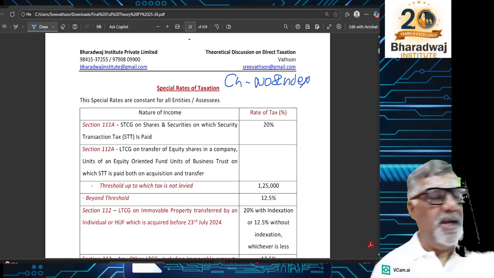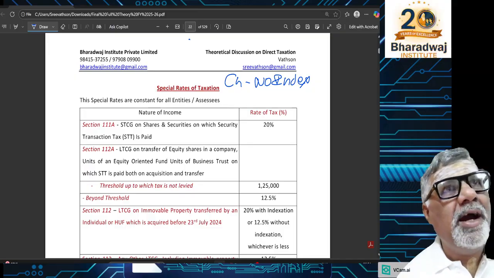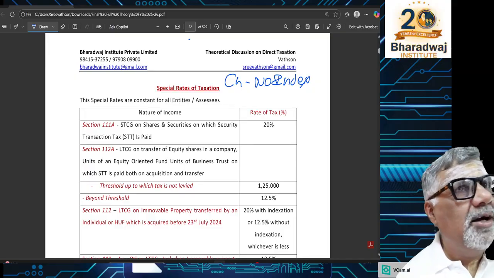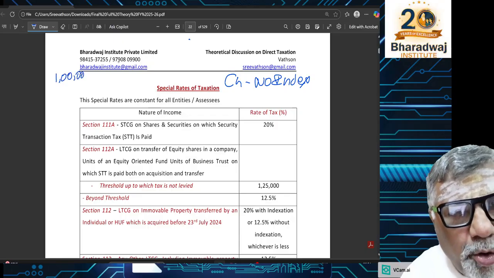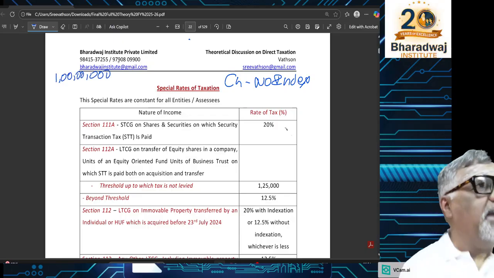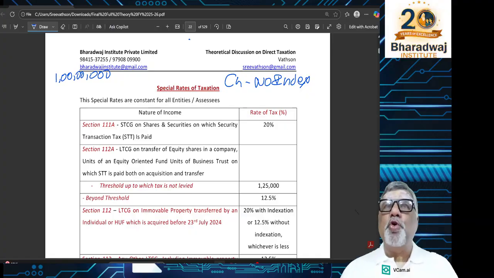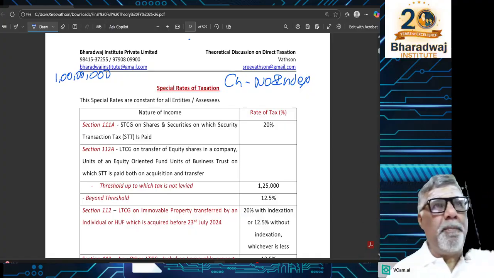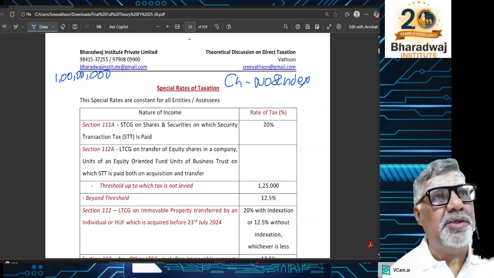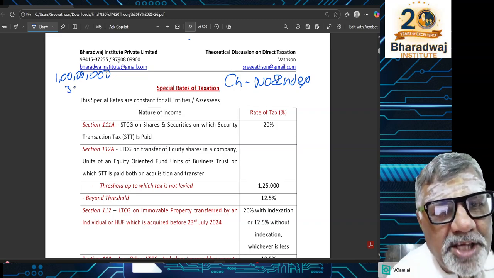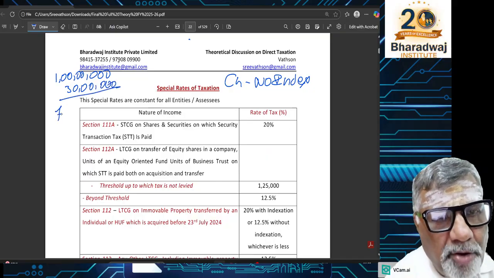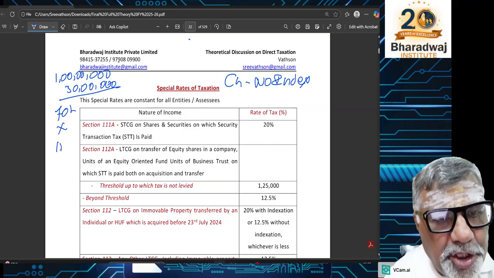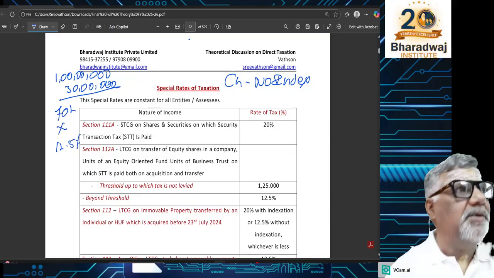So let us take that I have an asset which I sold for 1 crore. By not applying indexation, I purchased it for 30 lakhs. Now my profit is 70 lakhs into 12.5%.